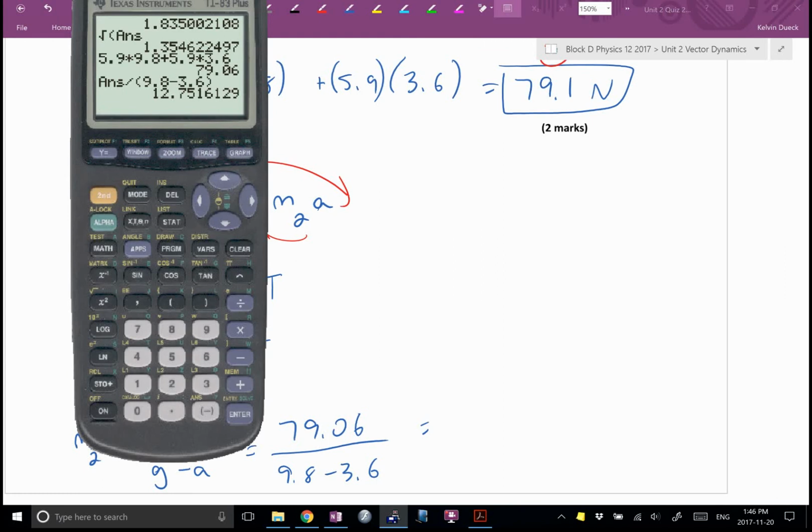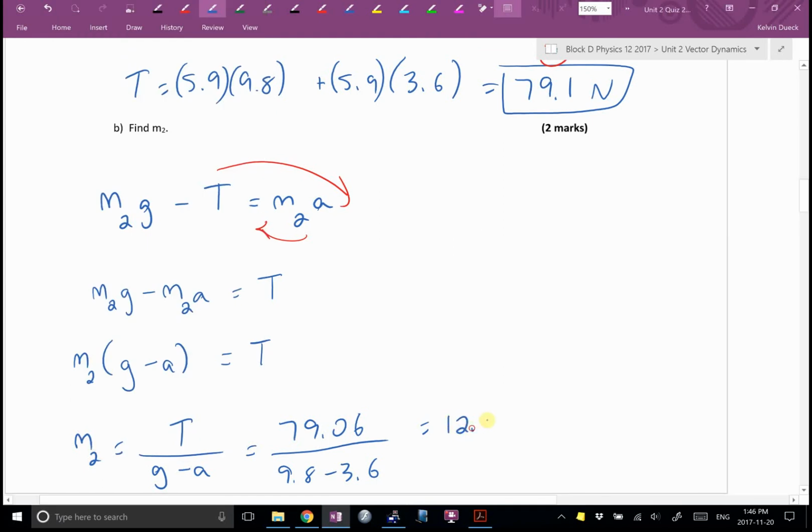I'll go 12.8 kilograms. 2 marks for that. Otherwise, I would give you probably half a mark for that. I would give you 1 whole mark if I saw that line, and a half mark for the answer.